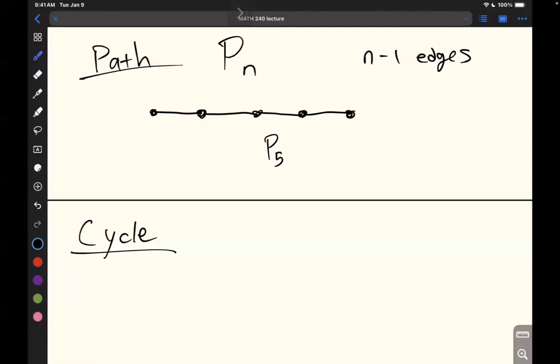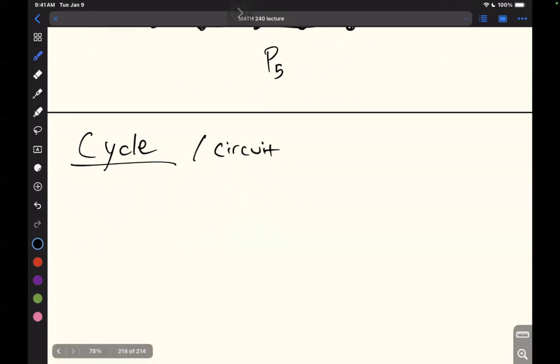There's a cycle, which is when we've taken our path and joined the first and last vertex. So we bring it around. The book calls it a circuit, which I do not like, but I suppose works. We denote that as capital C sub n.